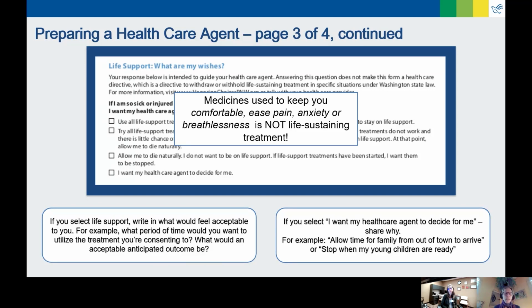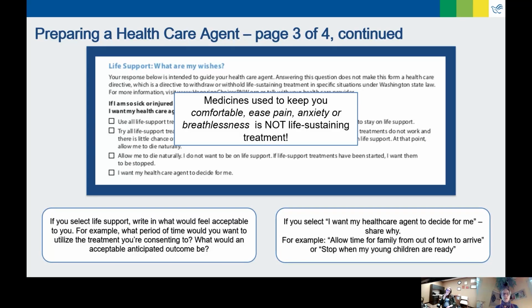If we're working with somebody who has young children, they might say, I would not want to continue treatment, but I would want my healthcare agent to decide on timing. Or I want my healthcare agent to get my prayer group together and pray for 1 week. And then if it's still not working, then stop. So if you want to give more instruction to your healthcare agent around timing or anything specific, then you can choose that box with one of the above boxes.